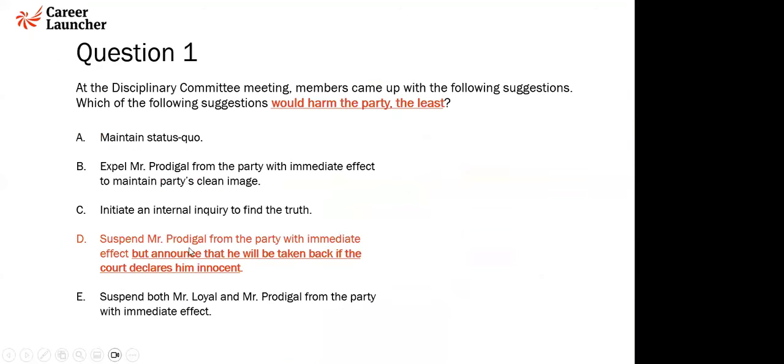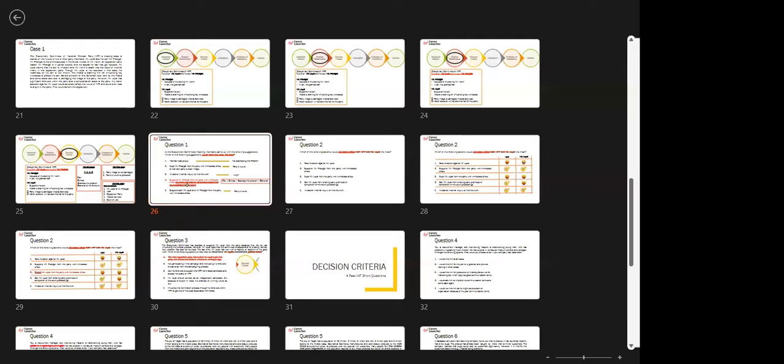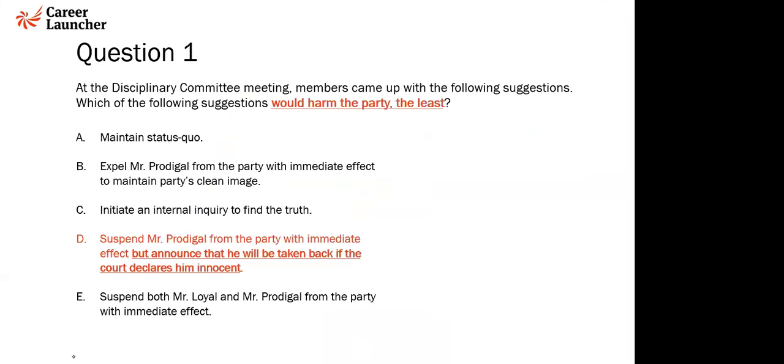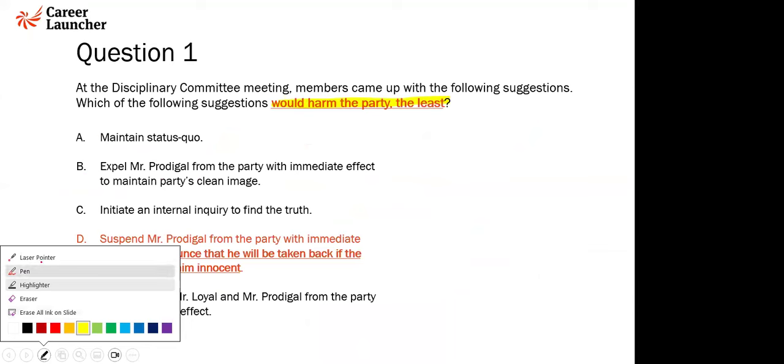Now let's look at the first question. What we are looking for is which would damage the party the least. So the criteria is minimum damage to the party.